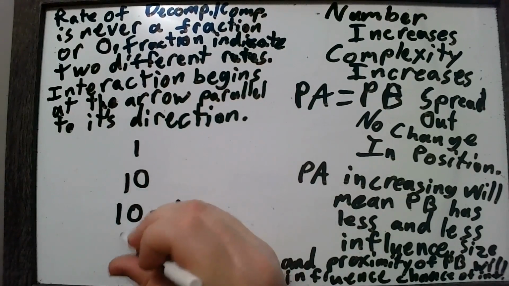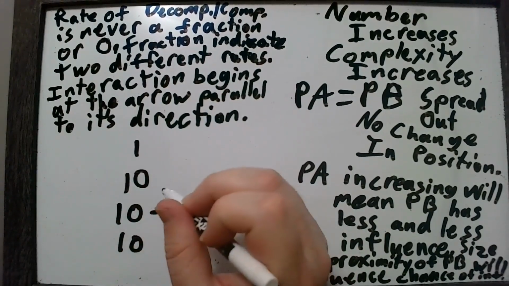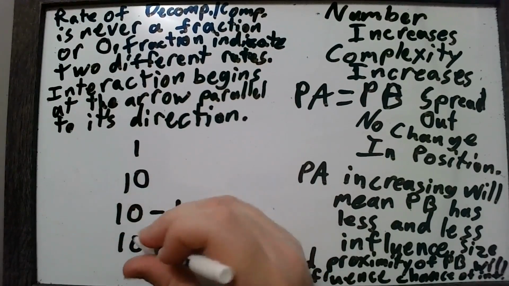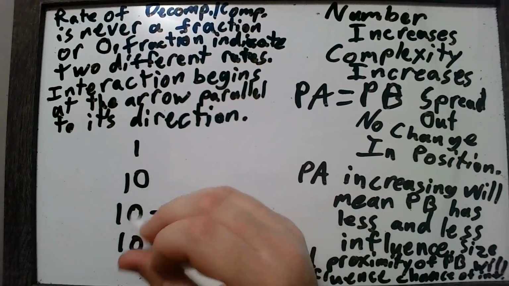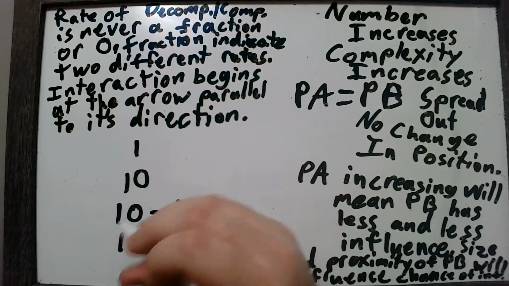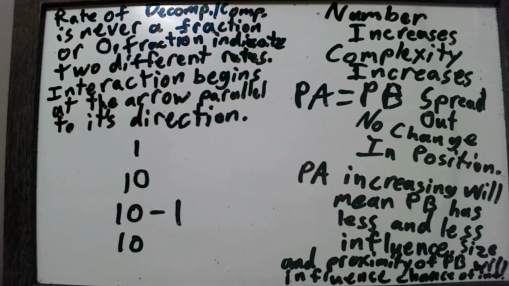And if you have a size of 10, that means that there are values of 10 in a size of 10, whatever that measurement is, be it in nanometers or in some other unit.